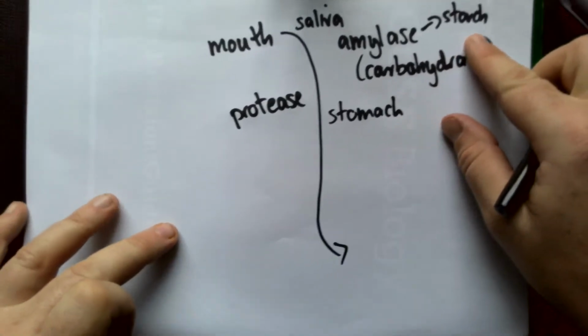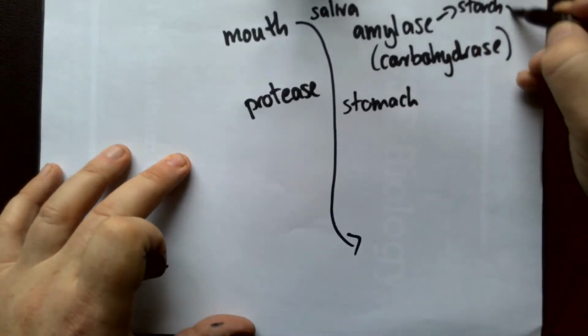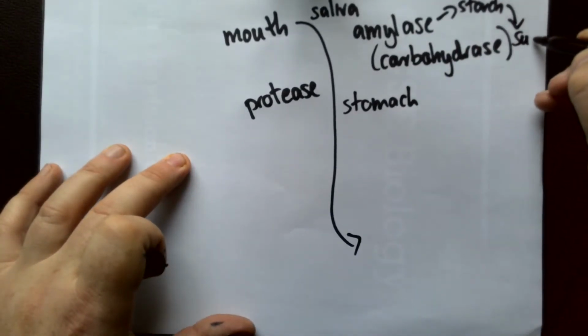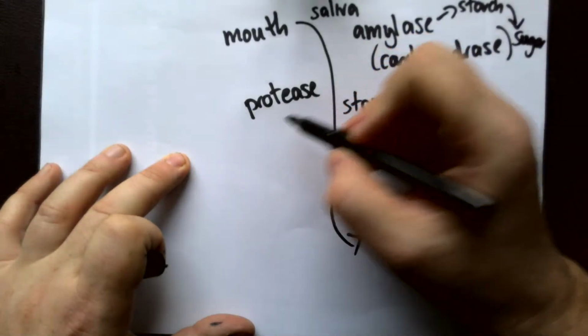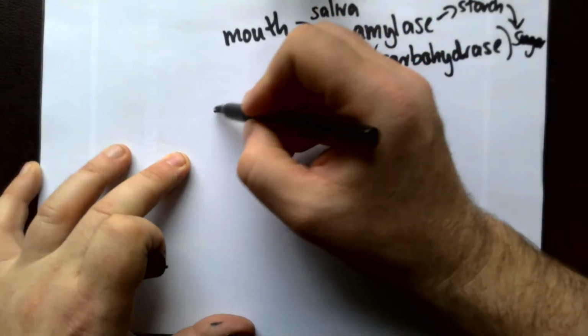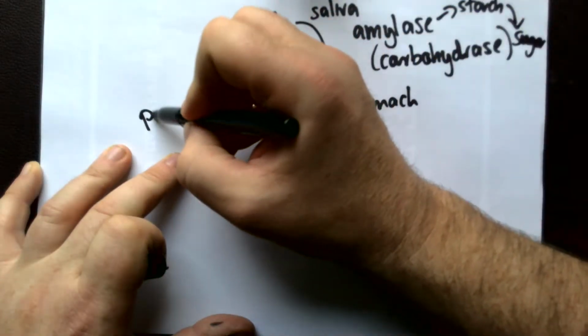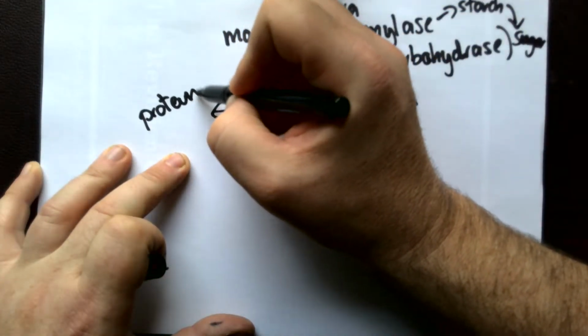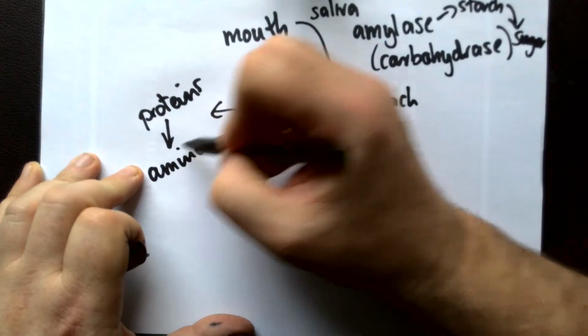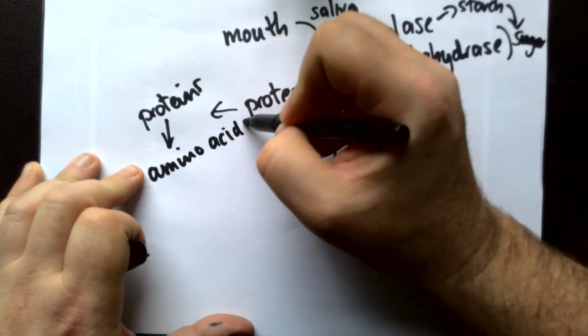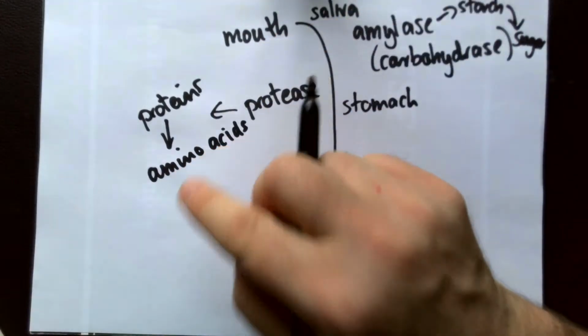The starch is broken up into sugars. Okay, because I think it's important to know what it breaks it up into. Protease is going to do the following. Proteins are broken up into amino acids. These are the building blocks for other proteins.